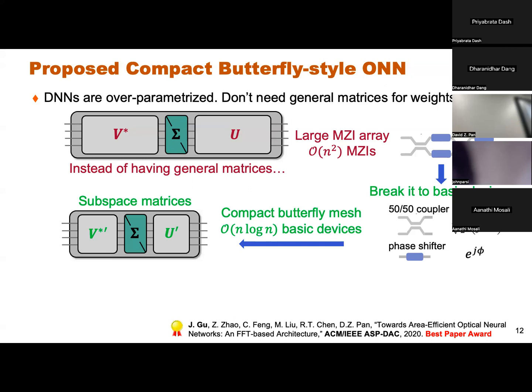Don't worry about the details, but essentially you configure some optical devices, set the phases and configure them properly, and then you can do it, right? But the thing is that the area is big, in the sense that you need O(N²) MZIs.